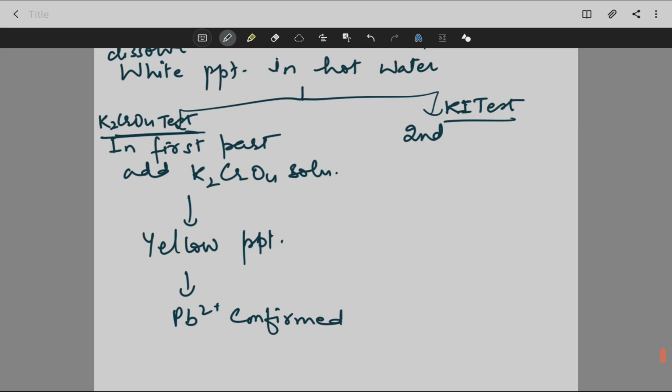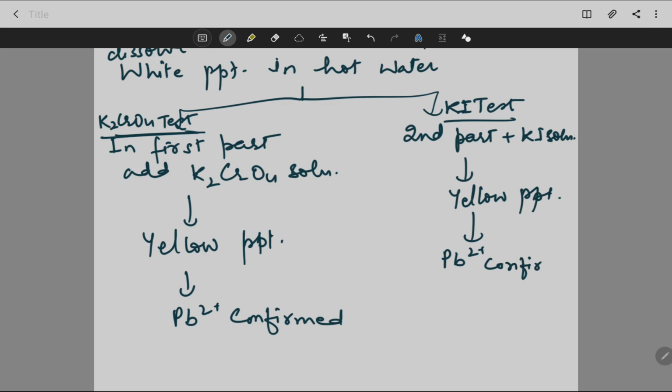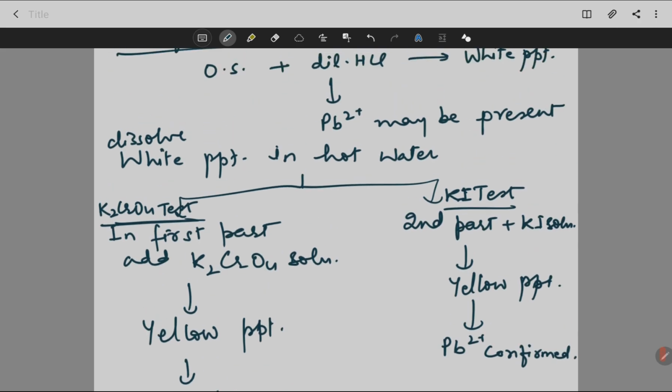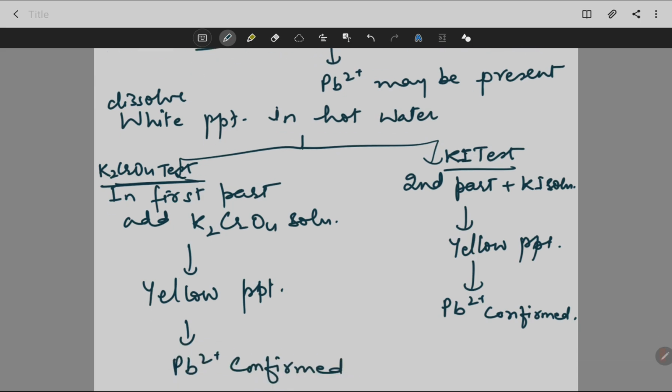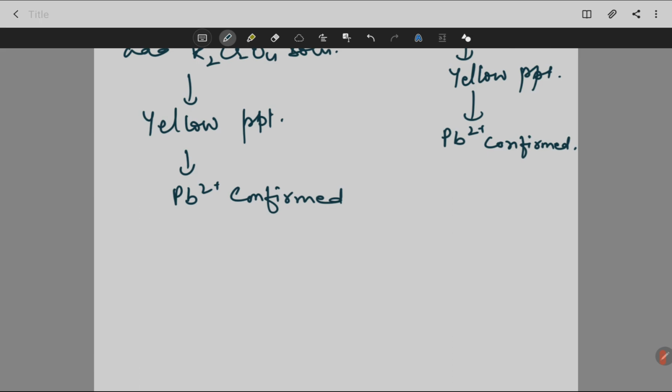To the second part we add potassium iodide solution, and if we get a yellow precipitate here, lead is confirmed. And if after adding dilute HCl to the original solution we don't get any white precipitate, it means group 1 is absent and we need to proceed to group 2.